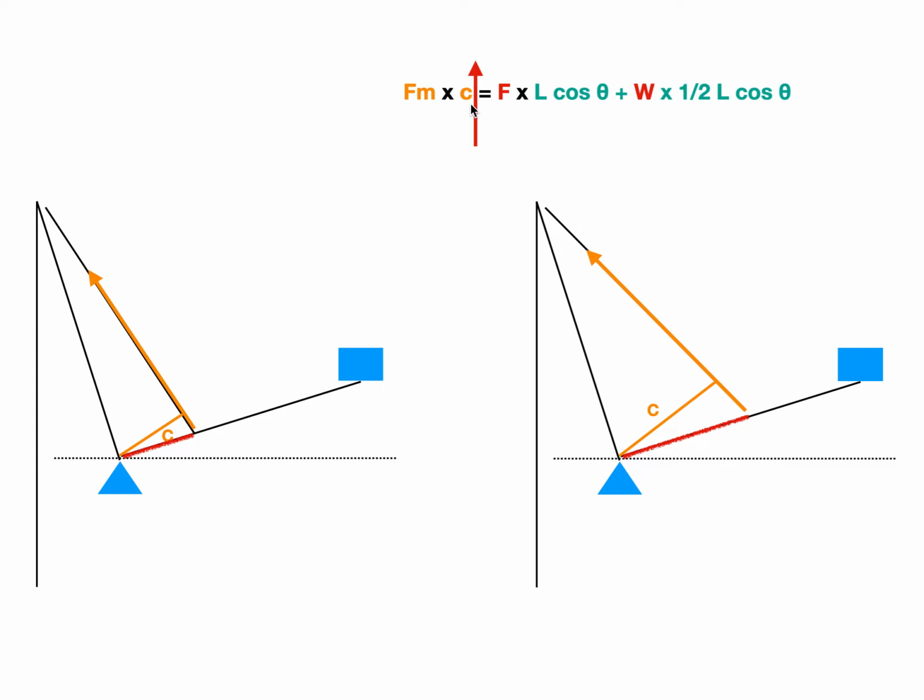So C increases. But the load, assuming we're holding the same object, is the same, and the weight of your forearm is still the same. So the load here is the same, but if you have a larger moment arm, then you don't need that much muscle force. So the muscle force will decrease. Right? So if you move your tendon here, then you can generate less force to hold the same weight of the dumbbell.